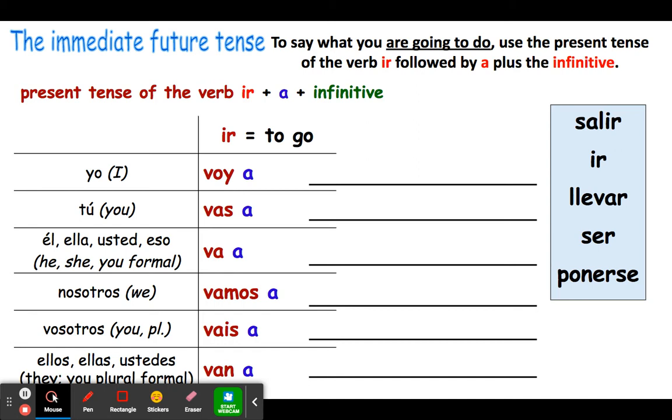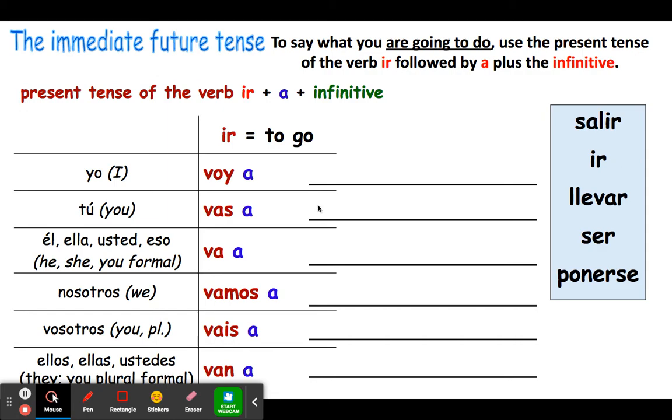Every time you form these, you're forming the immediate future. Just remember it's present tense of the verb ir plus a plus infinitive. Again, salir means to go out, ir means to go, llevar means to wear, ser means to be, ponerse means to put on.